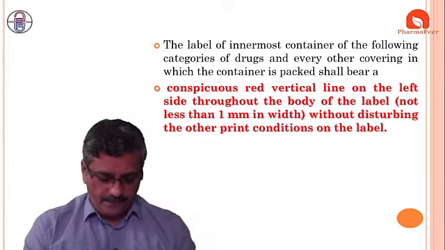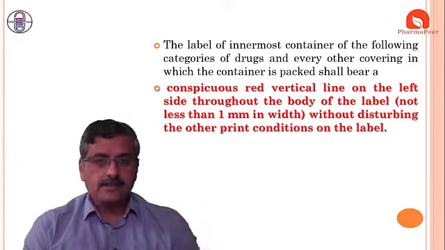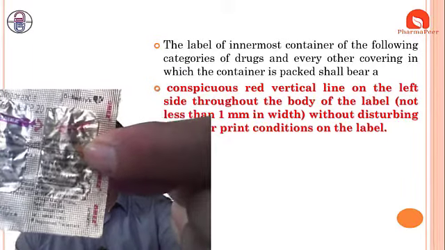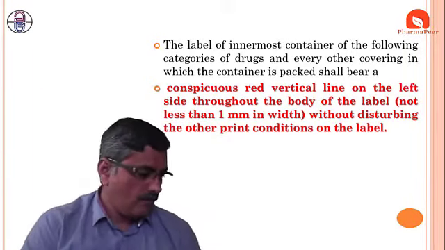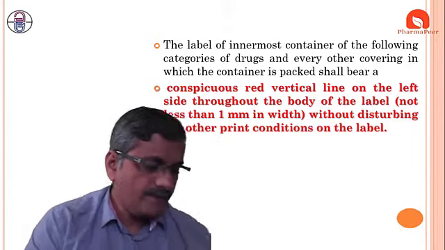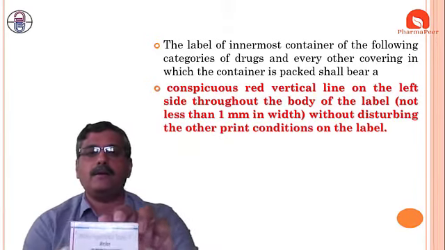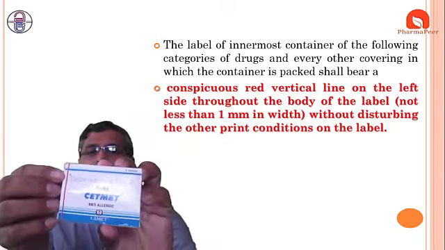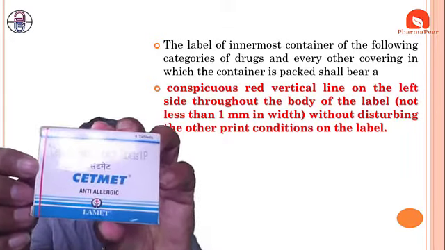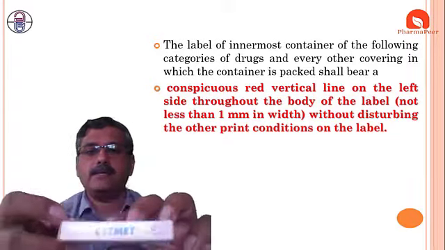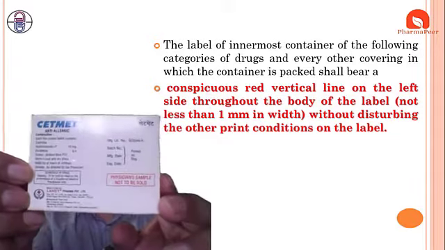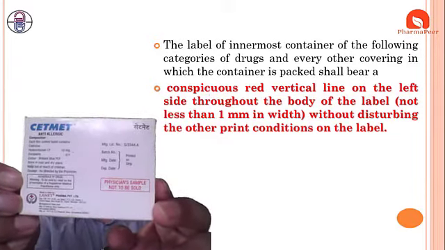If you see here, it is mentioned schedule C drug, that is a scheduled drug. One more thing, this is also one. Again, a conspicuously red mark is here, which indicates it is a scheduled drug.